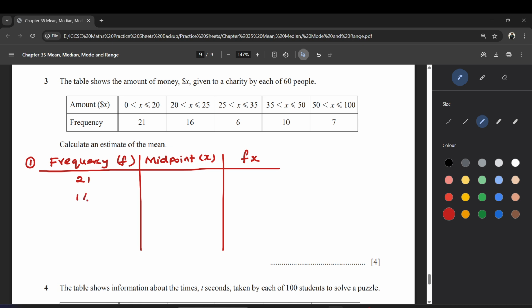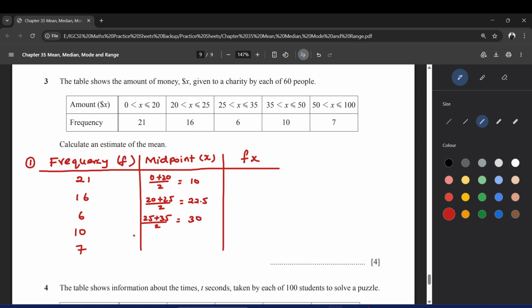So we have 21, we have 16, then 6, then 10, and 7. The midpoint is going to be 0 plus 20 upon 2, and that is 10. Then 20 plus 25 upon 2, and that will be 22.5. Then we have 25 plus 35 divided by 2, and that would be 30, right?